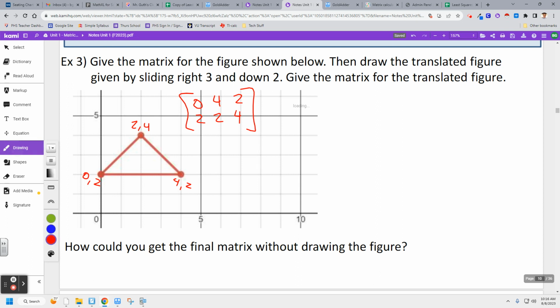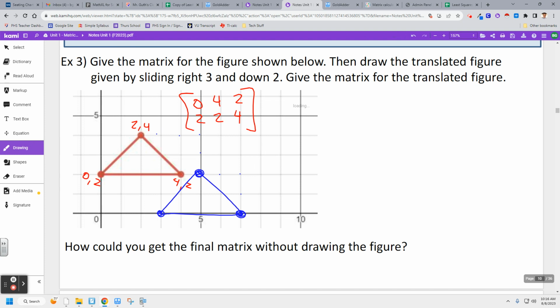So now I want to slide this thing. I'm going to slide it right 3 and down 2. So just take each point and go 1, 2, 3, 1, 2. Right 1, 2, 3 and down 2. It's going to be there. Right 1, 2, 3 and down 2. Notice it holds its shape. I just slid the thing right 3, down 2.